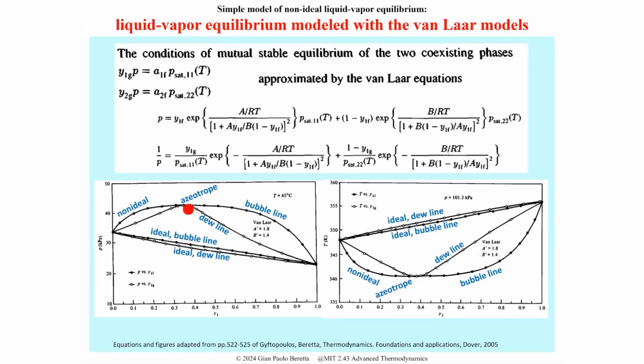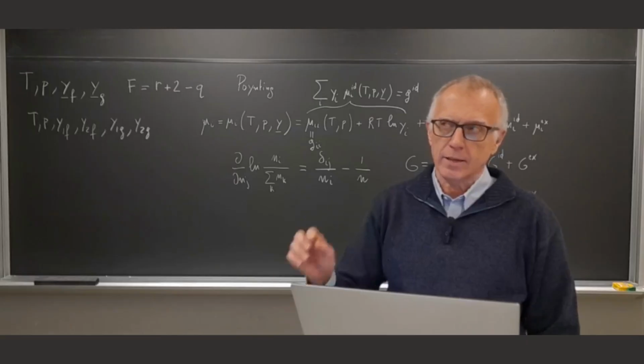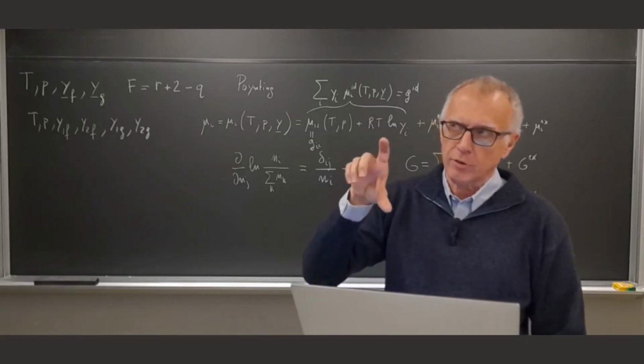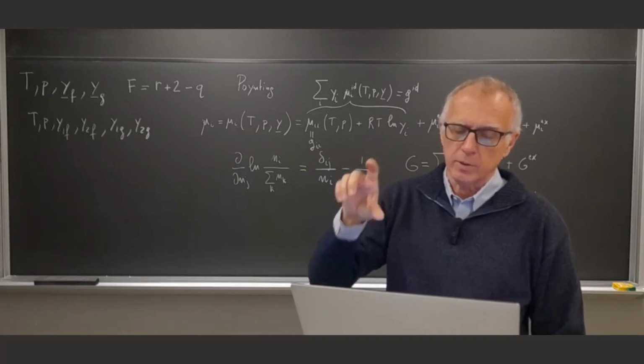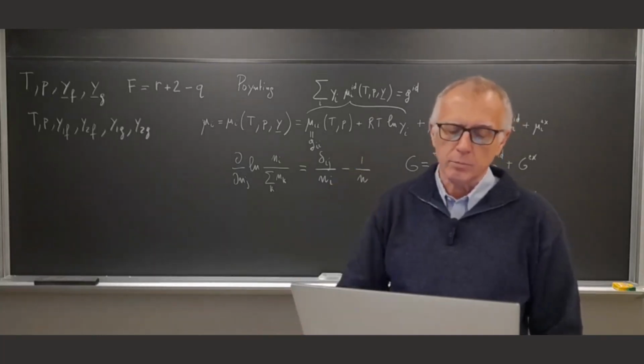The azeotrope is a condition in which you go from liquid to vapor, and that change is not across a finite temperature difference, but at a single temperature.